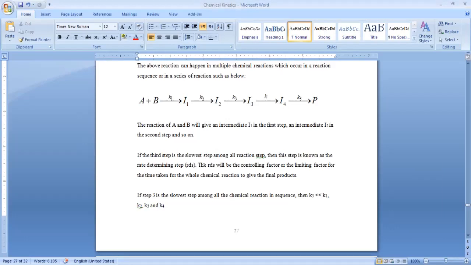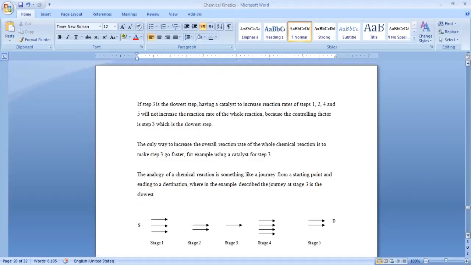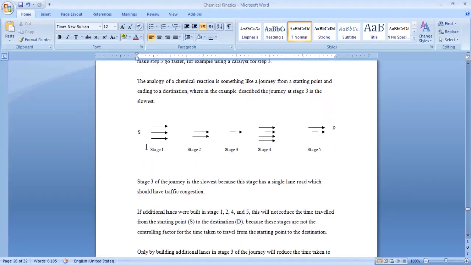Think like someone traveling from a starting point to a destination point. Stage 1, let's say, takes around half a minute. Stage 2 takes around 40 seconds. Stage 4 takes around 5 seconds.